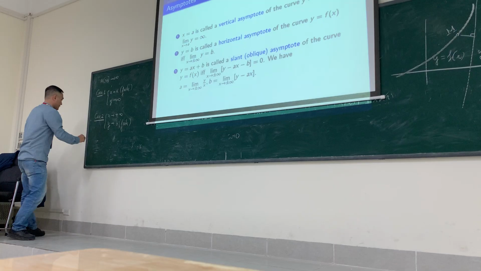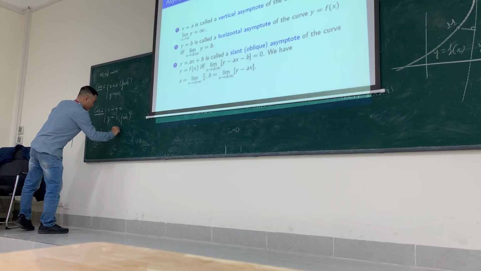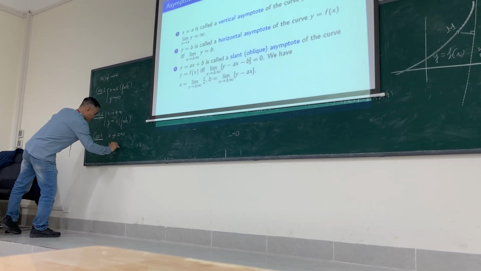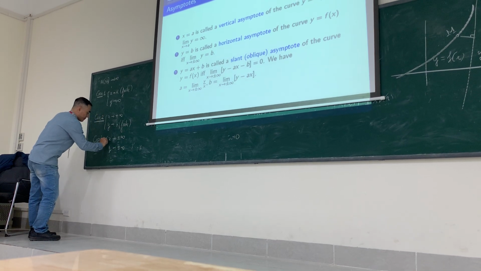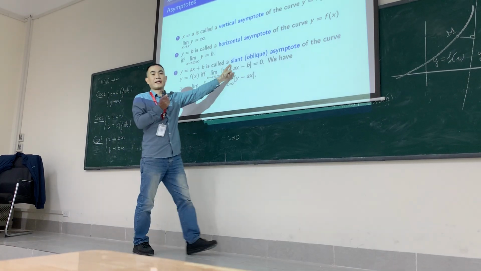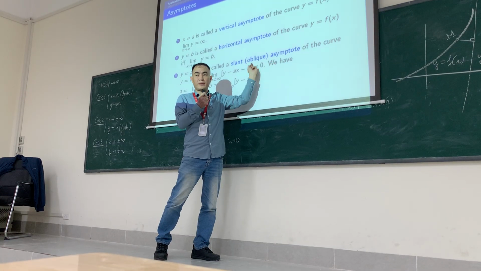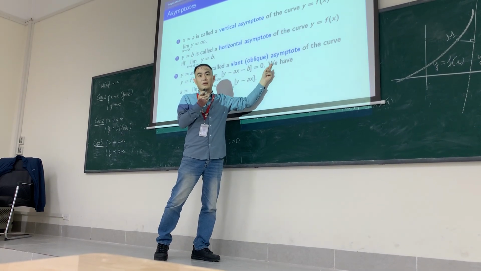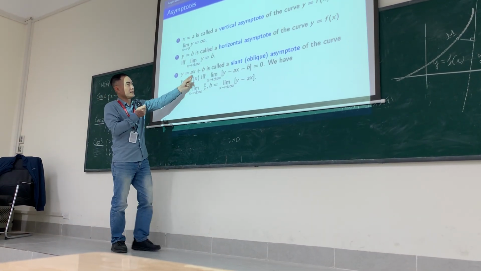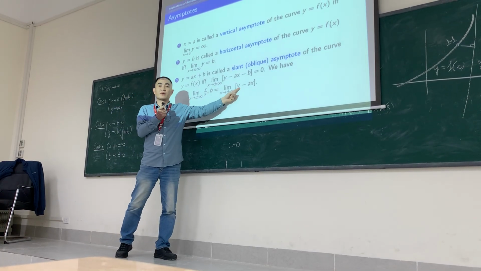Finally, case 3: x tends to plus or minus infinity, y tends to plus or minus infinity. In this case, we can have a slant asymptote, an oblique asymptote. We can estimate a and b by this formula: a is equal to, b is equal to.